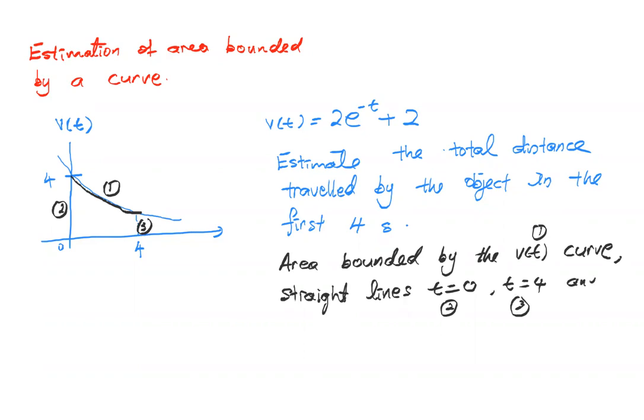And the t axis, and this is the fourth one. So you see there are 4 boundaries: 1, 2, 3, 4. So it becomes an enclosed shape.